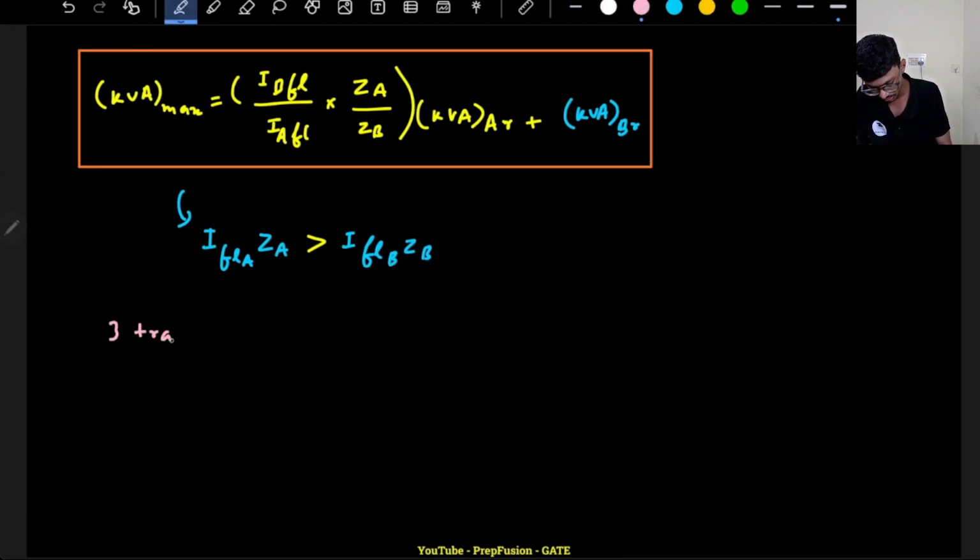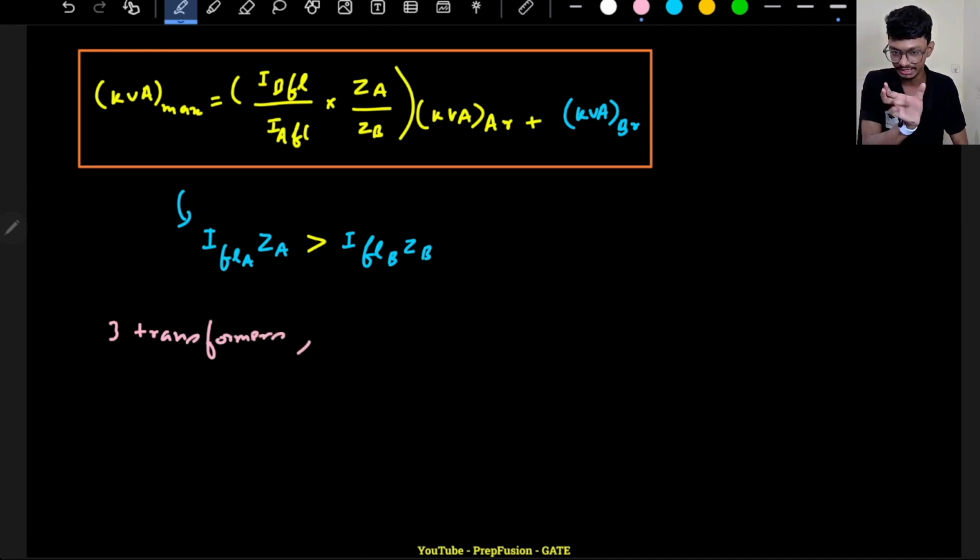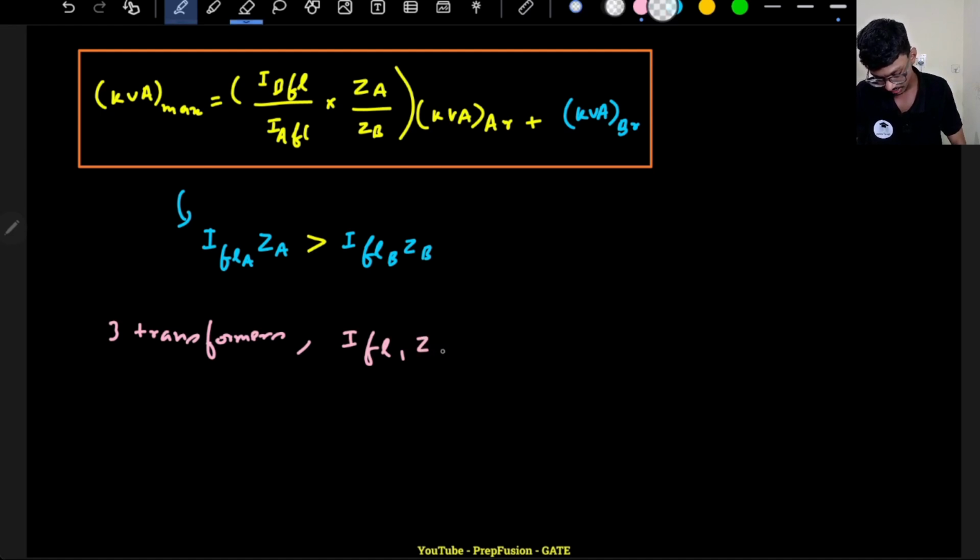The same derivation applies. Again, the assumption is that one will reach the rated condition first. Let's assume the first transformer reaches rated condition first. So let's write this down: IFL1 into ZA will be less than the minimum of whichever others there are.